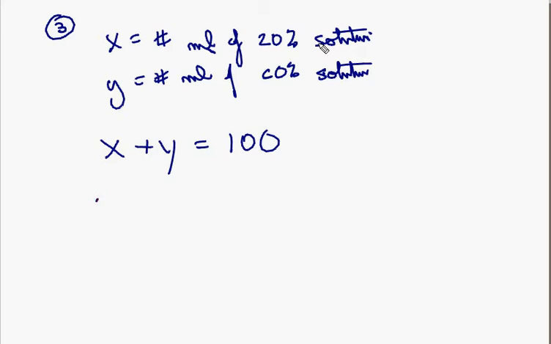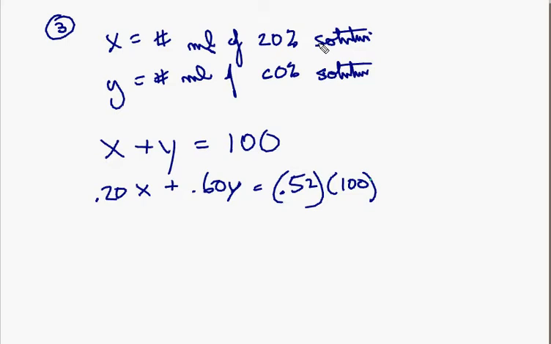So I would go 0.20x plus 0.60y, and the desired solution is 52%, so we're going to go 0.52 times 100. Okay?